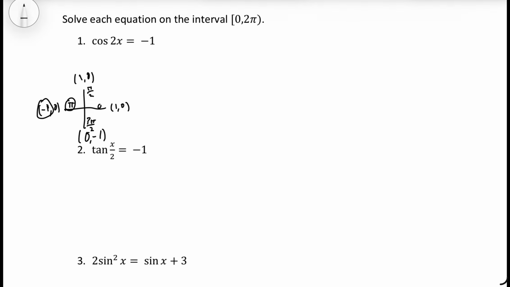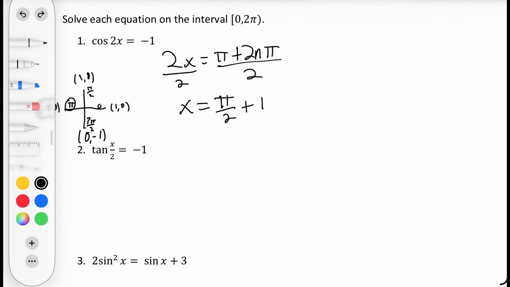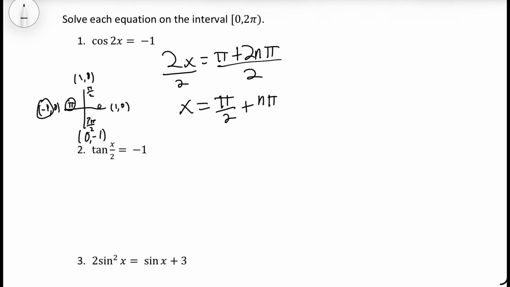And then we form the equation 2x equals pi plus 2n pi. Then we get x by itself, divide both sides by 2, and we're left with x equals pi over 2 plus n pi. And that would be the equation.